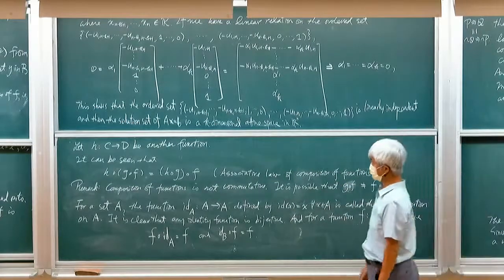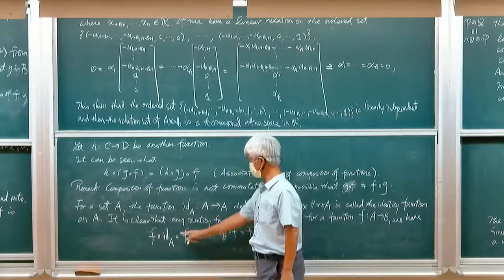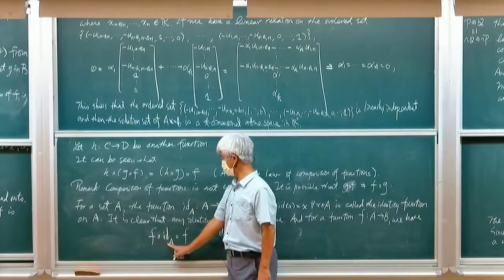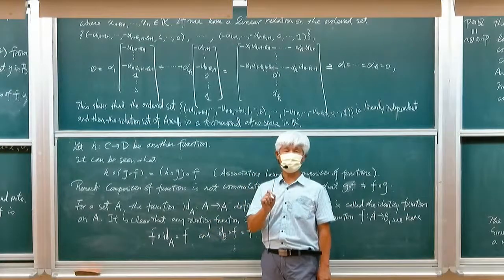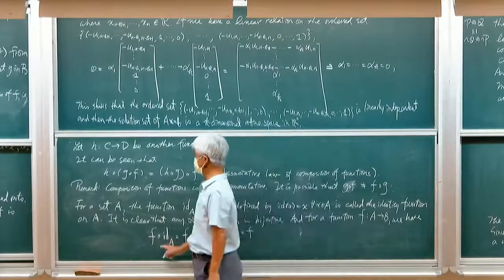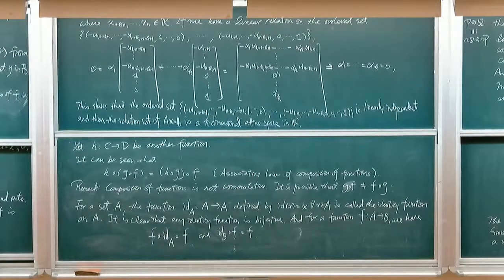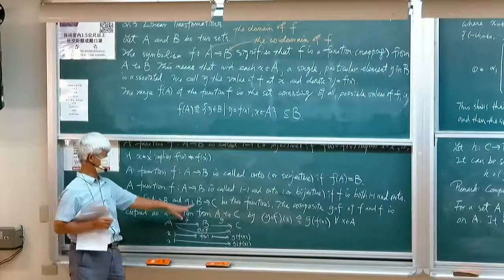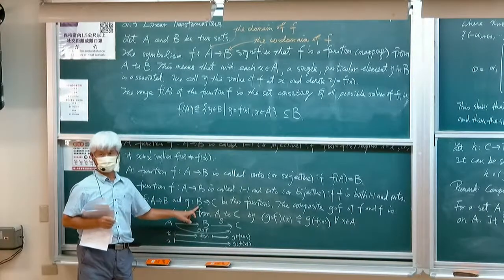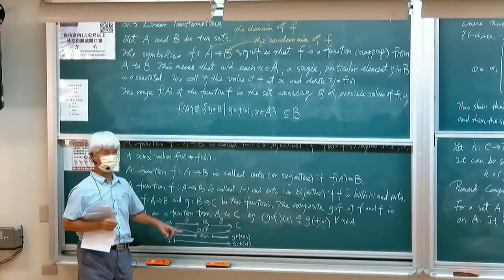The reason we put the identity function on A and on B on the different sides is that for composition, the codomain should be equal to the domain of the second function.